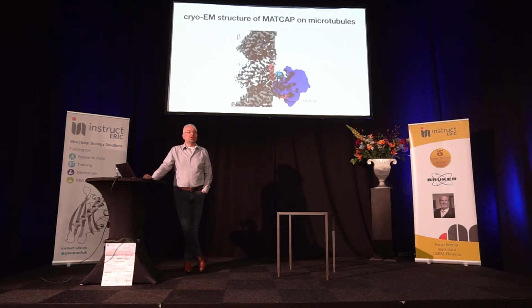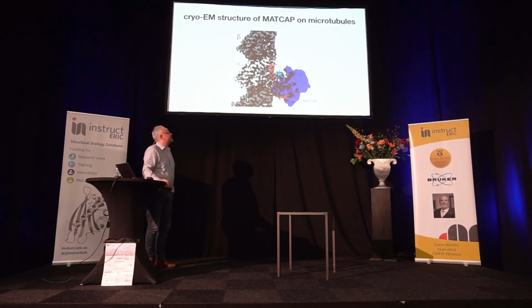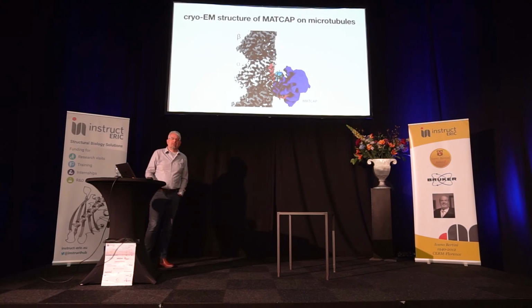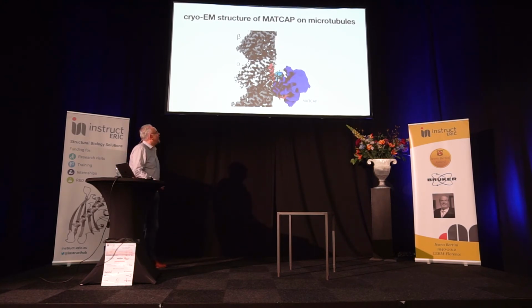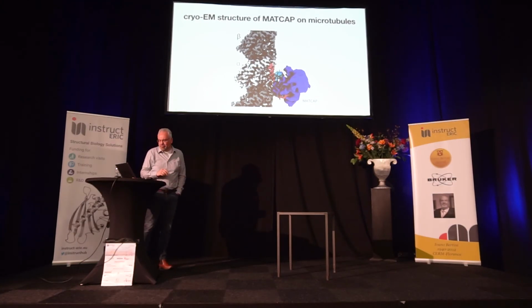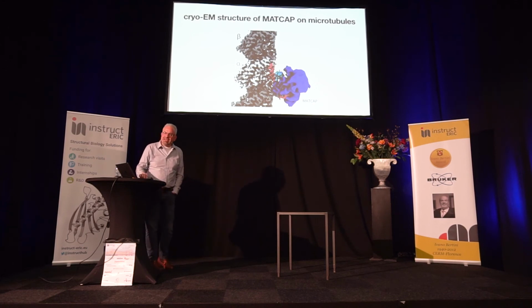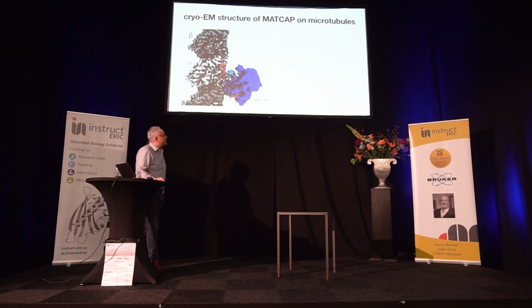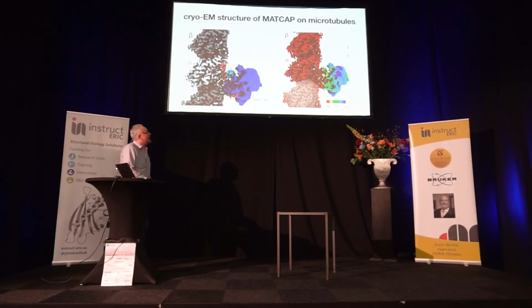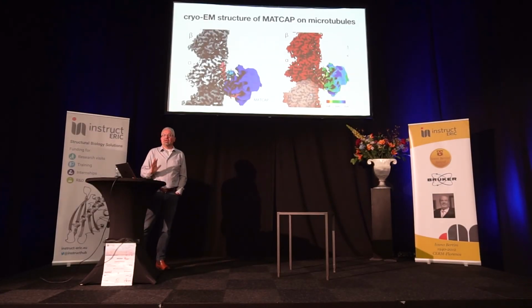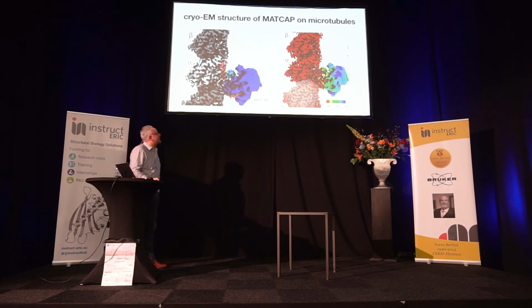And to make a long story short, we ended up with a structure where you see the alpha and the beta tubulin. It's a very good map. And then we could see MATCAP. What you're also seeing from this picture is that the resolution is not uniform at all. The tubulin is better than 3 angstroms, closer to 2.8, I would say.